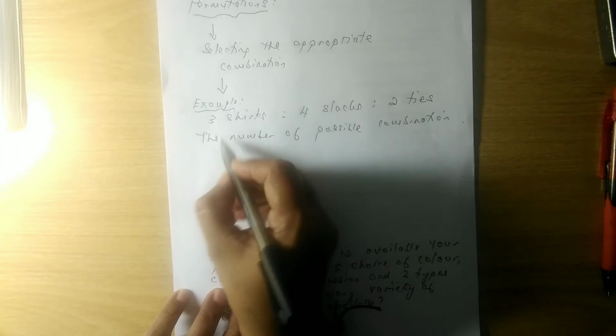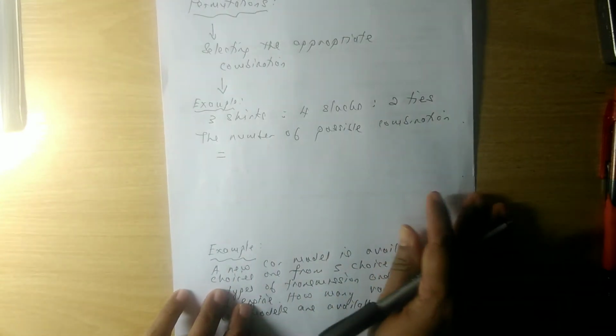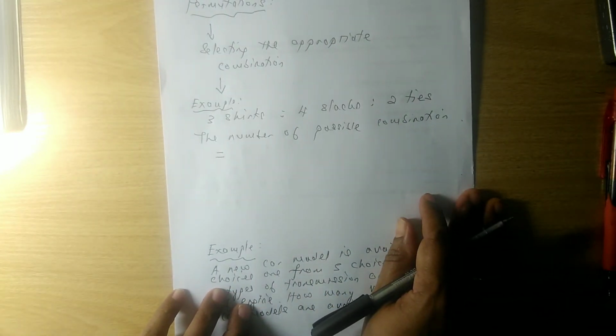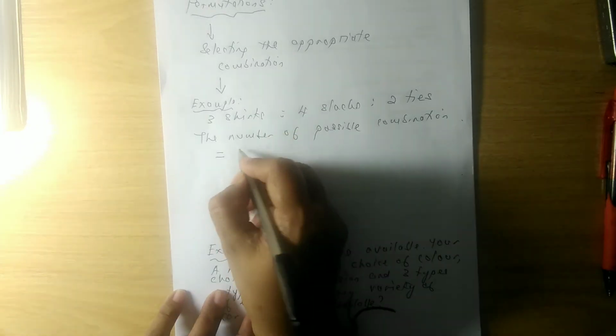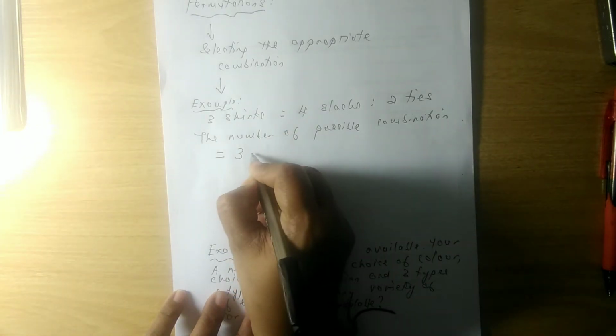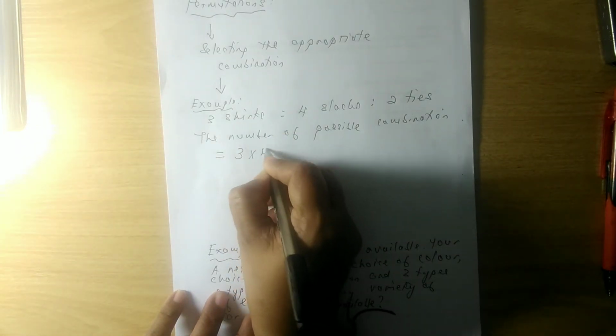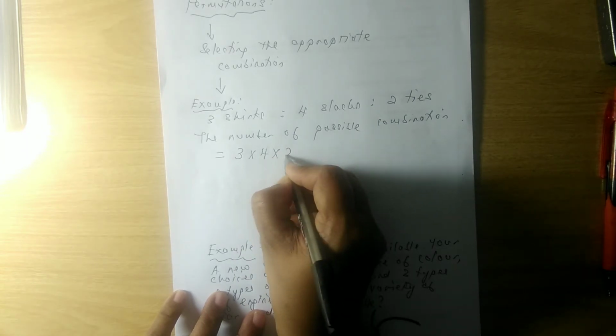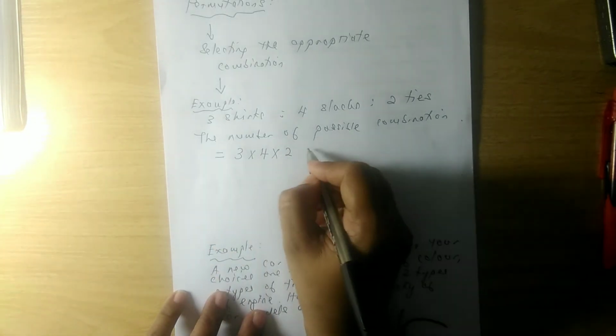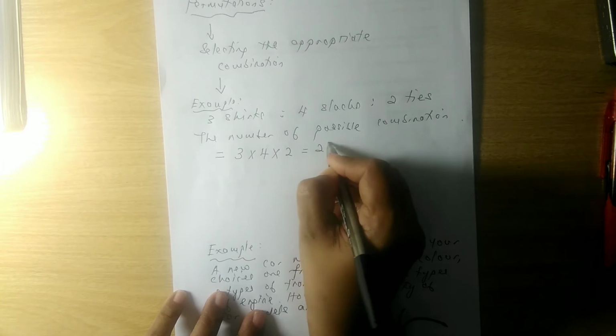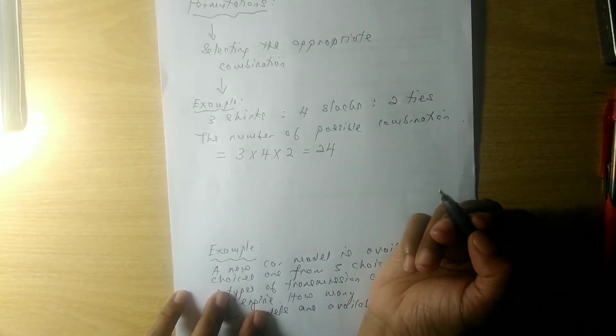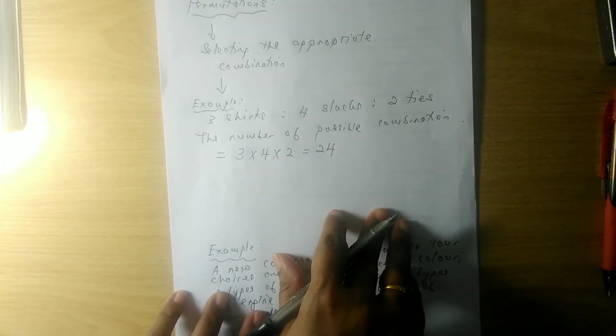To find the number of possible combinations, I've got 3 shirts, 4 pants, and 2 ties. So my total combination will be 24. This is something that we have done previously.